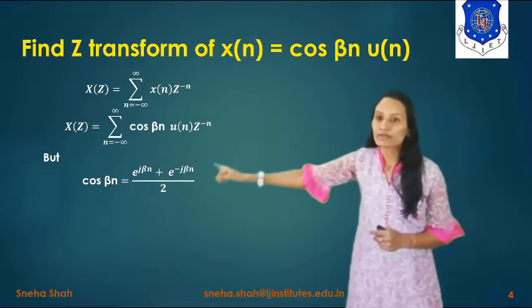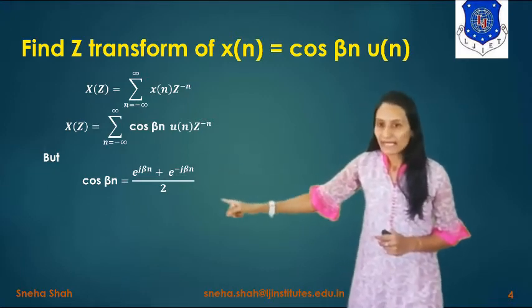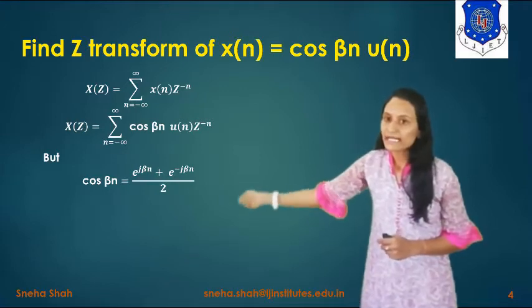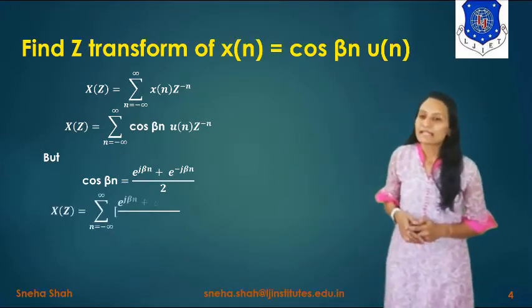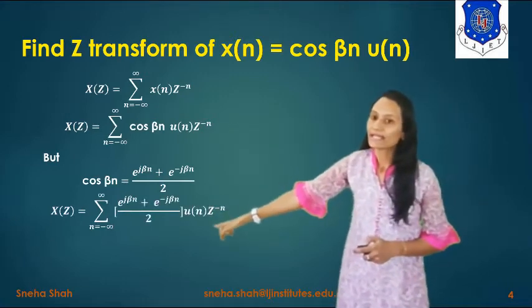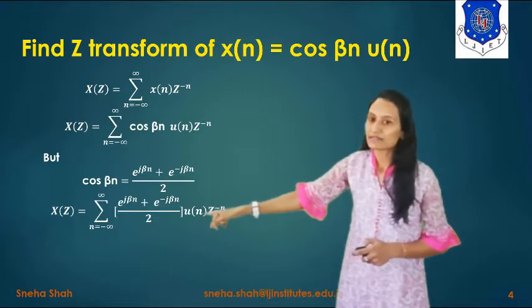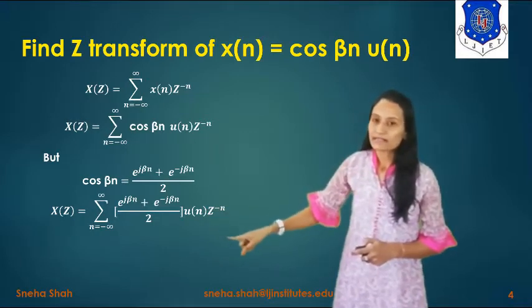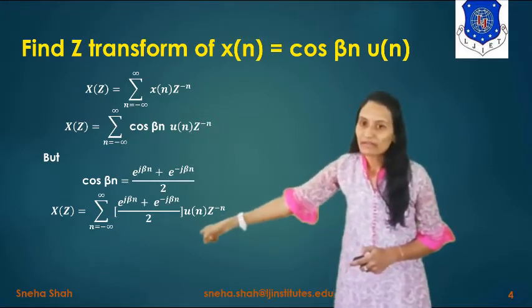So the value of cos beta n equals e raised to j beta n plus e raised to minus j beta n divided by 2. Now we will put the value of cos beta n in the above equation. So the next step is X of z equals summation n equals minus infinity to infinity of e raised to j beta n plus e raised to minus j beta n upon 2, into u of n, into z raised to minus n. So instead of cos beta n, we have put the value of it.